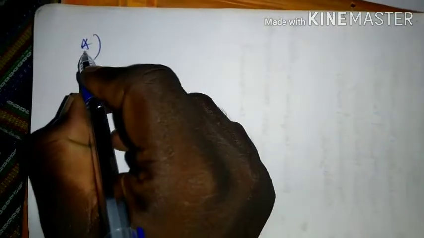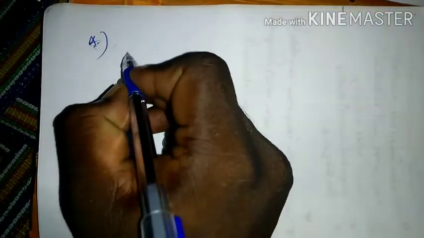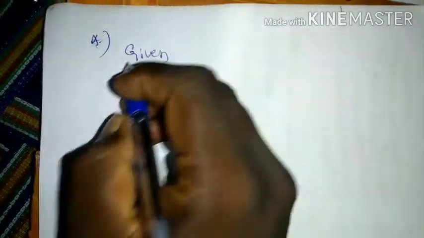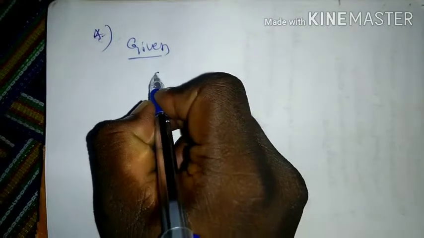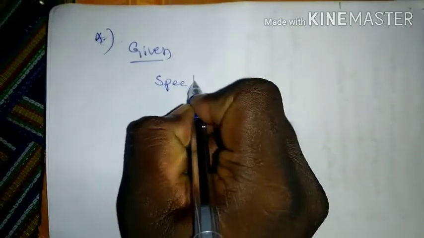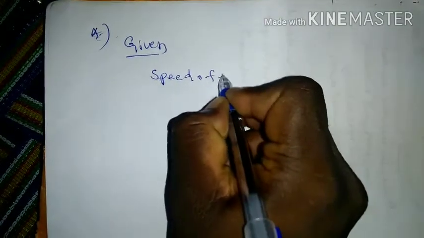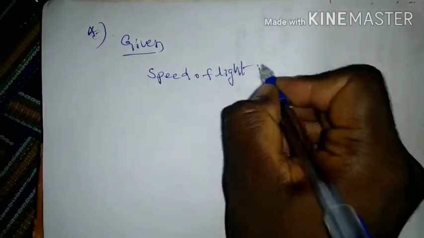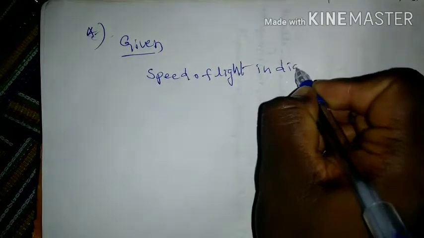Solve the problem. Okay, first problem, answer. Write the given data. First, speed of light in diamond.